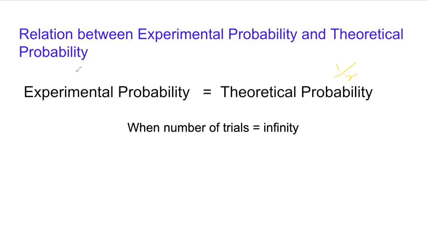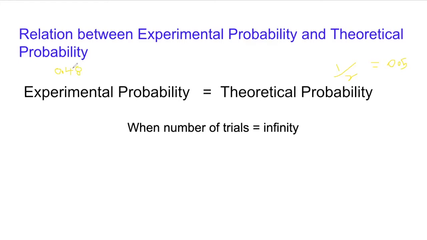So for example, 1 by 2 is how much? 0.5. And here, for experimental probability, if you perform it 10,000 times, it might become 0.48.